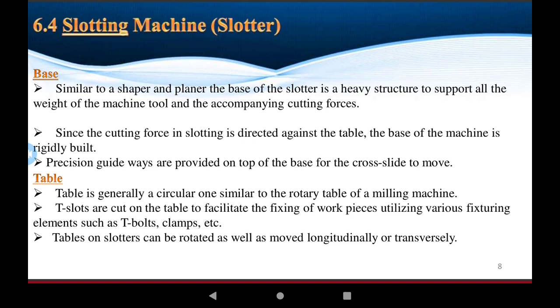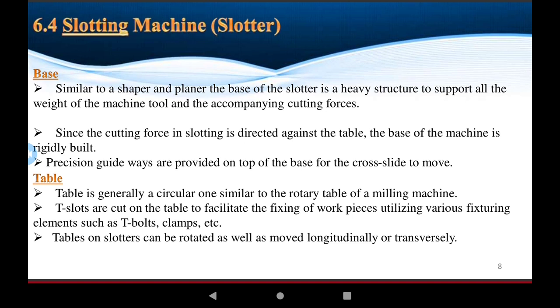Okay, similar to the shaper and planer, the base of the slotter is a heavy structure, and it includes the gearbox and motor box.